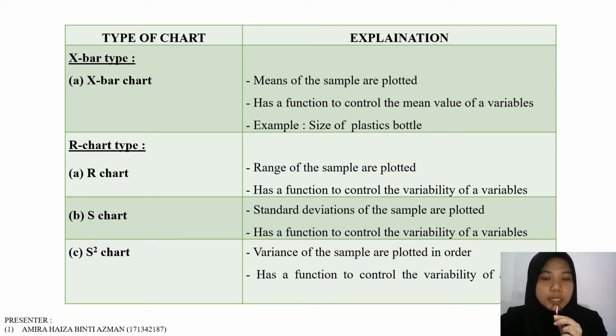The S chart is the standard deviation of the samples being plotted and also controls the variability of the variables. And the last one is the S squared chart, which is the variance of the samples plotted in order and controls the variability of the variable.